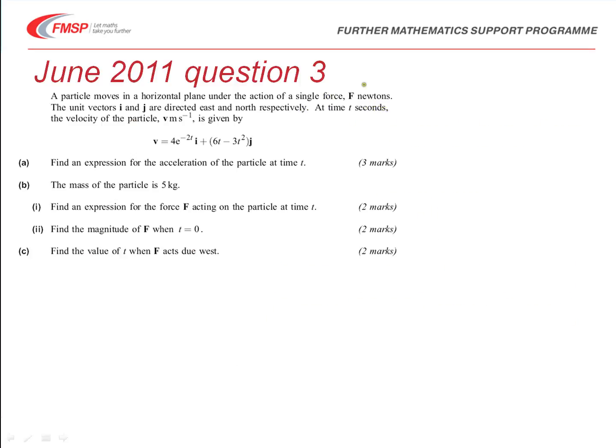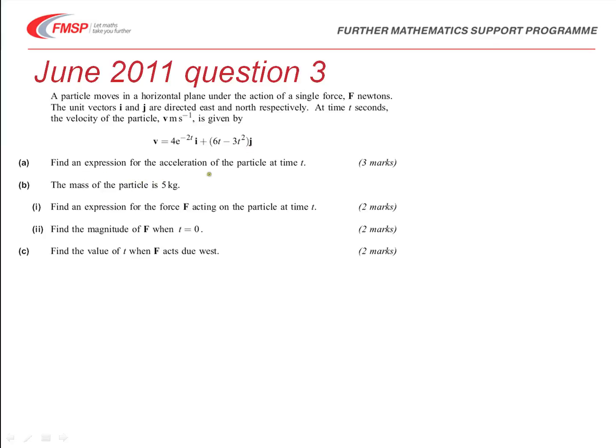You can see we are given a particle moving in a horizontal plane, acted on by a force F, and its velocity at any time is given by 4e^(-2t) i plus (6 - 3t) j, where i and j are our base vectors, i in the direction east, along the x-axis effectively, and j in the direction north, along the y-axis effectively.